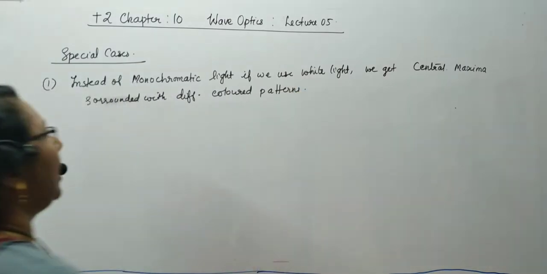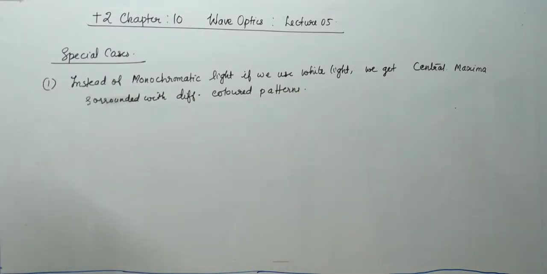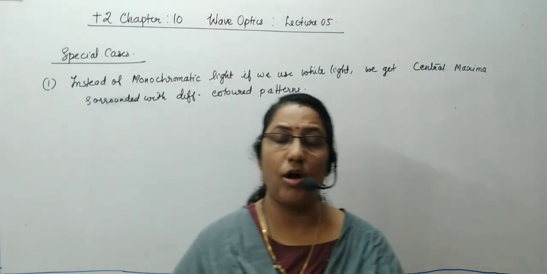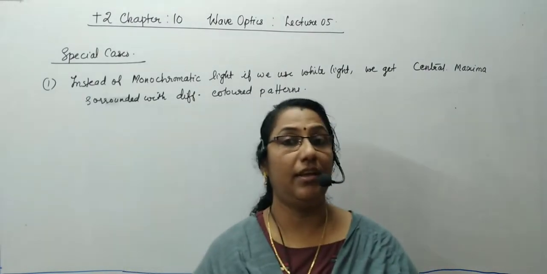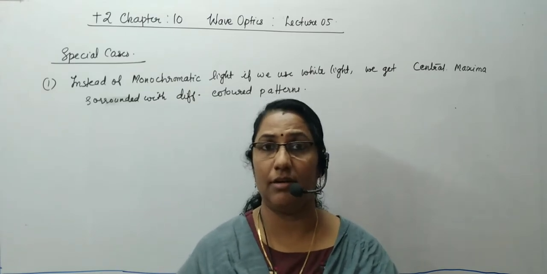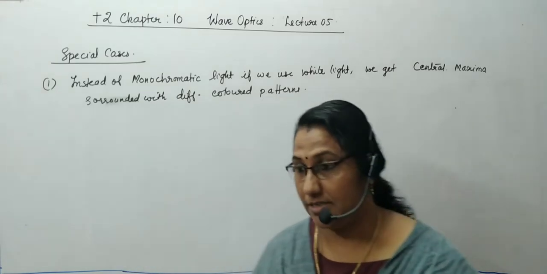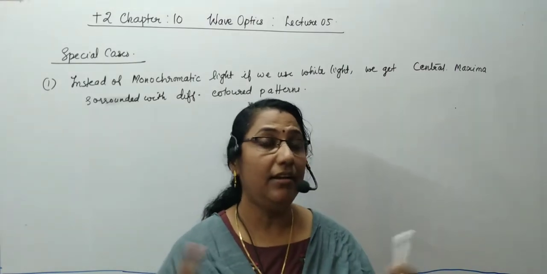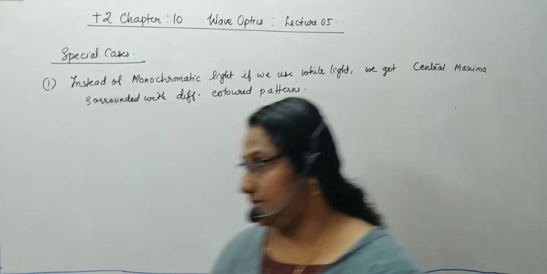Okay, so what happens instead of monochromatic light if we use the white light? If we use the white light, which is the combination of 7 colors, we get the central maxima as such, because all of the light falls at the central point without any path difference. Central maxima is obtained as such, which is followed by the different colored patterns.